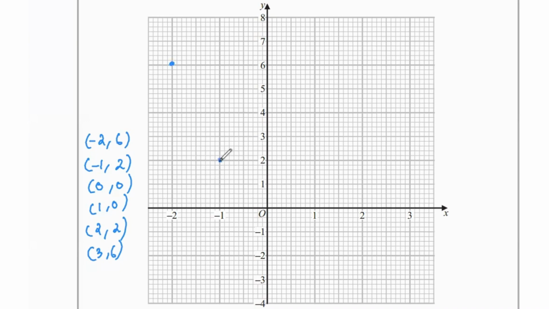Negative 1, 2 is over here. 0, 0, 1, 0, 2, 2, and 3, 6. That's your graph.